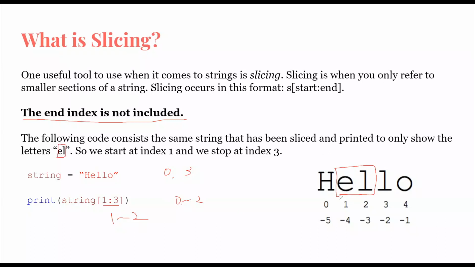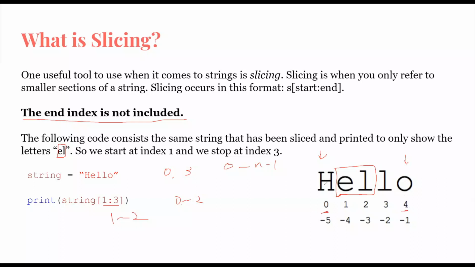And this is the same thing as indexing. Everything in coding starts at 0 and ends at n-1. I think we talked about it briefly last class, but just a reminder: the index of the first letter is not 1, it's actually 0. The last letter is 4, not 5.